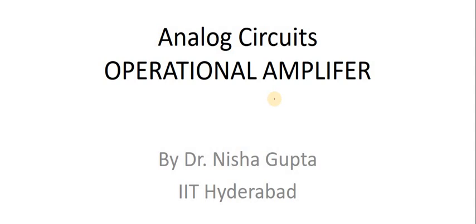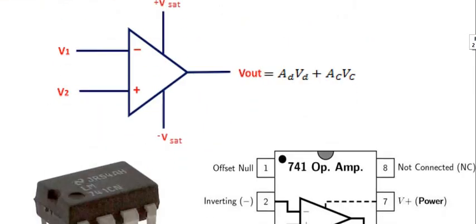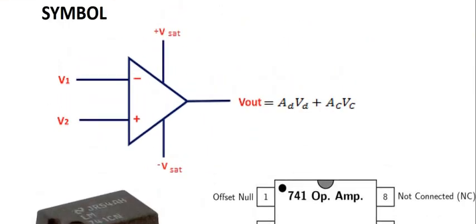So we'll move forward. An amplifier is a circuit which amplifies any input signal, and its symbolic representation is like this, in triangular form. Operational amplifier has two inputs and one output.